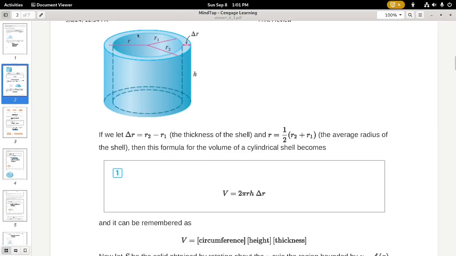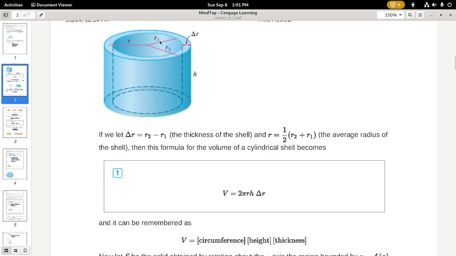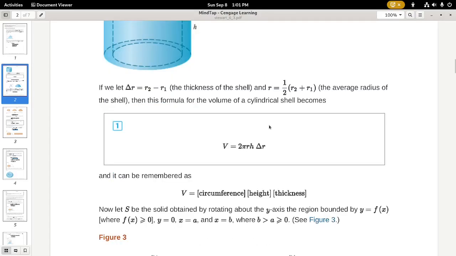So if you look at this average radius here, this middle point, and you look at the circle that it makes going around, and you ask yourself what's the circumference of that circle, it's 2 pi r. So we have circumference, how much around, and then height, how tall it is, and then thickness, delta r, is how thick it is. So that's an easy way to remember the volume of this cylindrical shell here. Okay, so that's what that is.